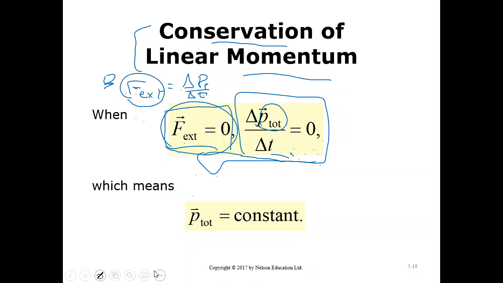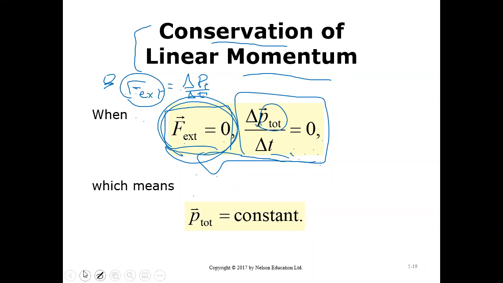So that is the law of conservation of linear momentum. Is it true all the time? No. When is it true? When it has no external forces acting on it, or maybe there are external forces, but somehow they cancel each other, so the net external force is equal to zero. Then we can say with confidence that the total momentum of the system will remain constant.